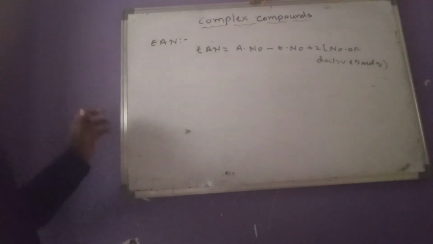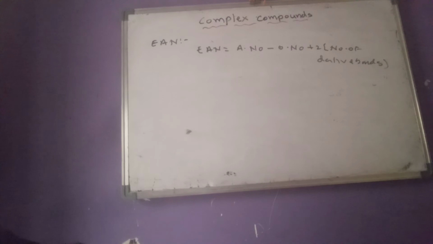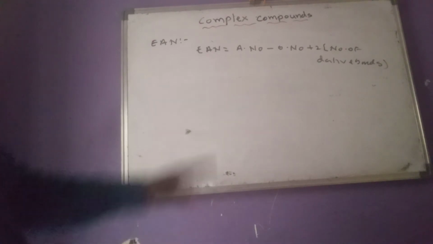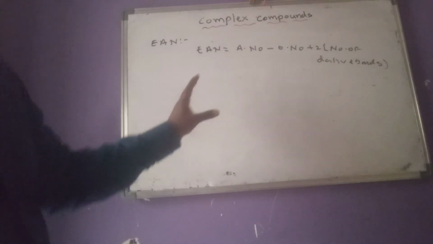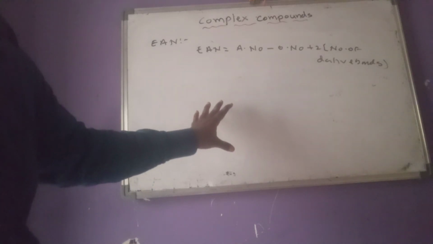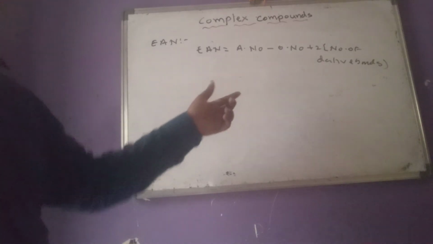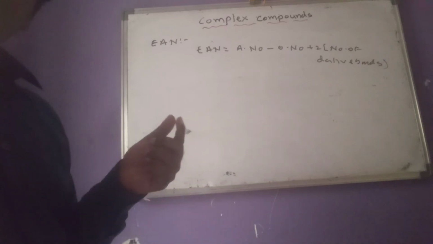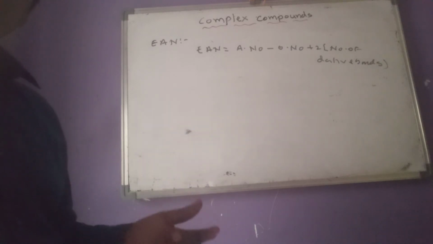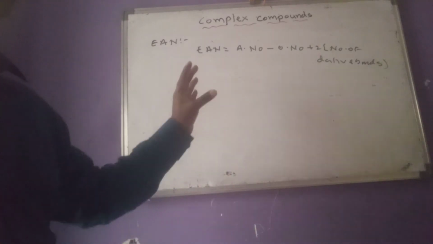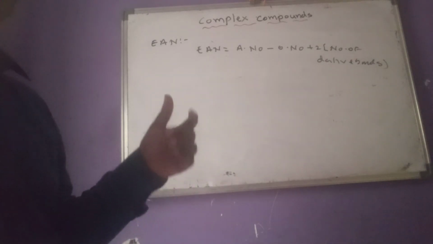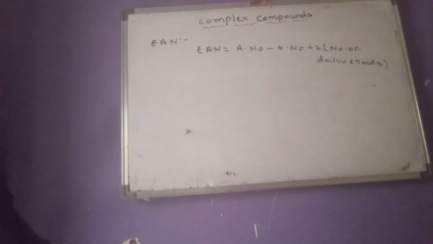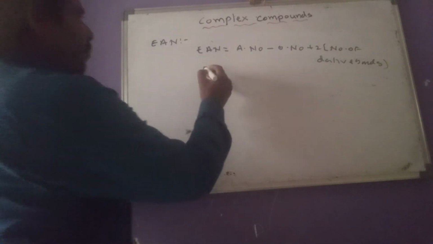If the calculated effective atomic number is equal to the atomic number of any one of the inert gases, we can say the complex compound is stable. Otherwise, it is unstable.